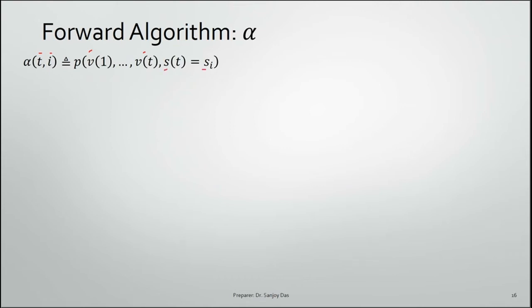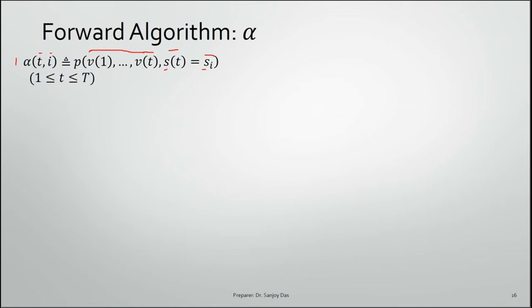In other words, alpha ti is the probability of the output sequence being generated up to vt, the given time step, and the current state at time t being equal to Si.